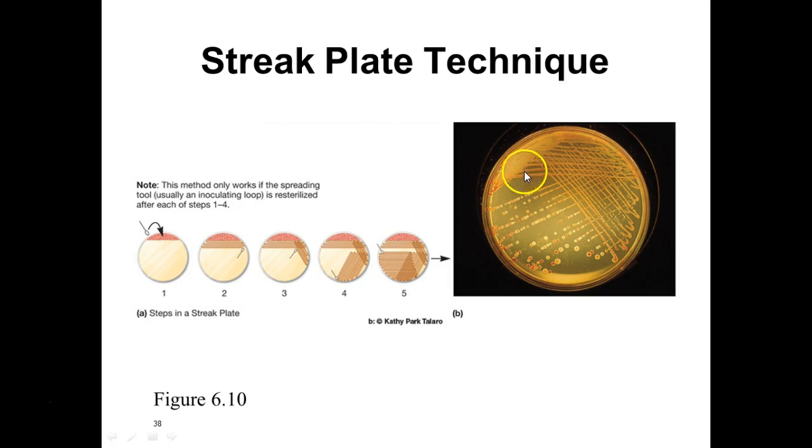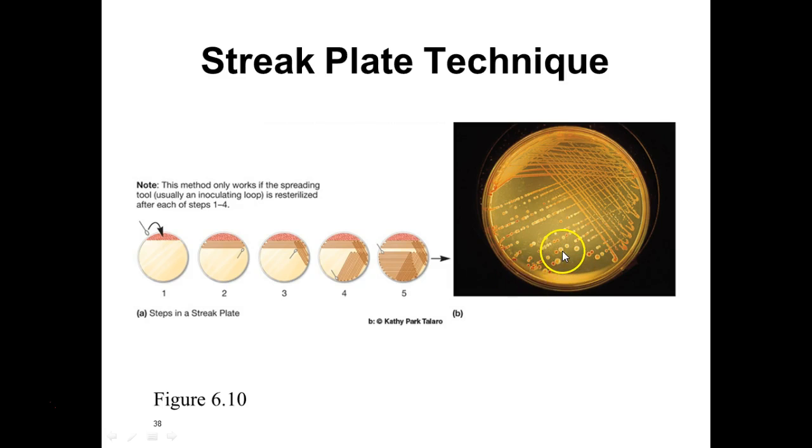So you'll see that they'll then go from that first section into the next section, and they're crossing over in this space here. Again, you'll notice that the growth is a lot less because they're picking up less bacteria. And then the third time, they're going to flame their loop again, remove all bacteria. So they're only picking up bacteria that they spread into the second section, into the third, and then they'll repeat: flame the loop, and do it again.